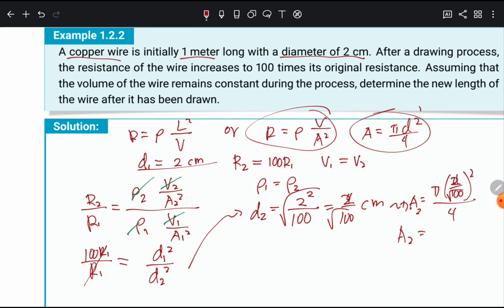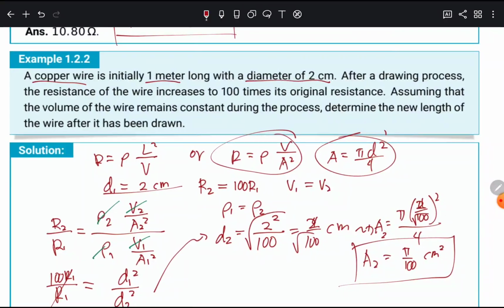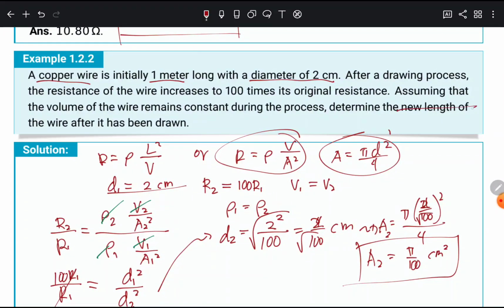So the area now will be just equal to pi over 100 square centimeter. If the problem asks for the area, but here in the problem, it asks for the new length of the wire that it has been drawn. So in case it asked for the new area, you can still do this one using this process.